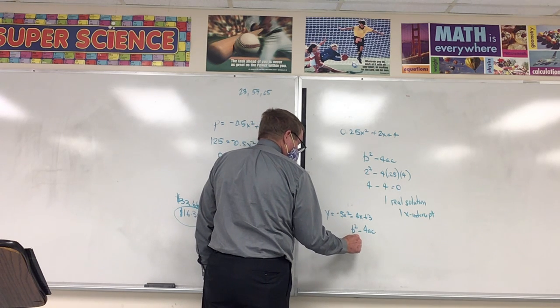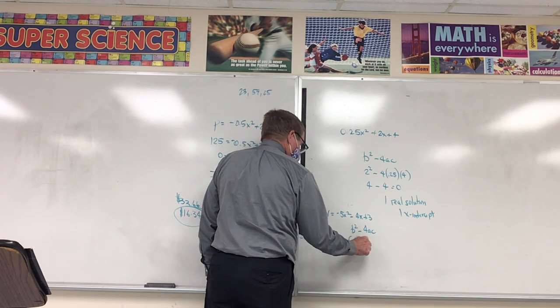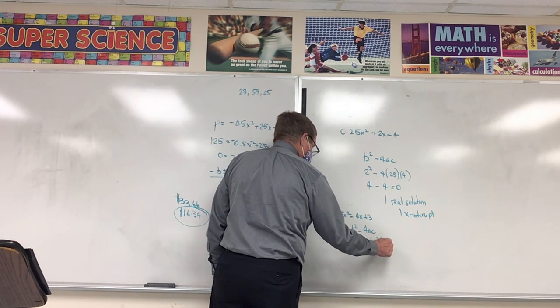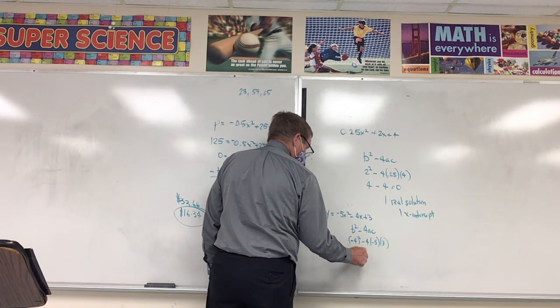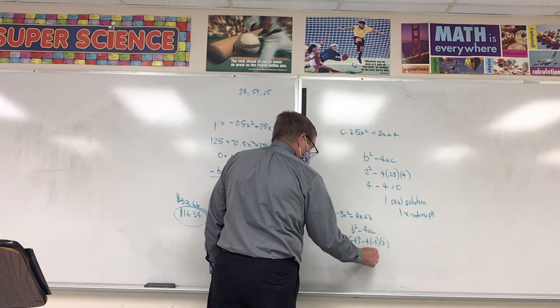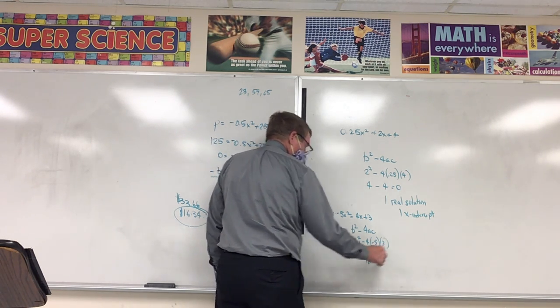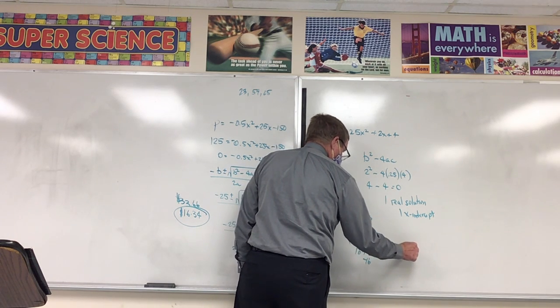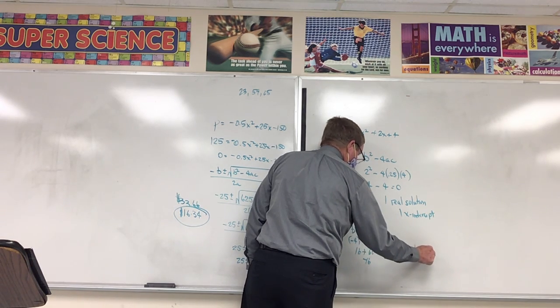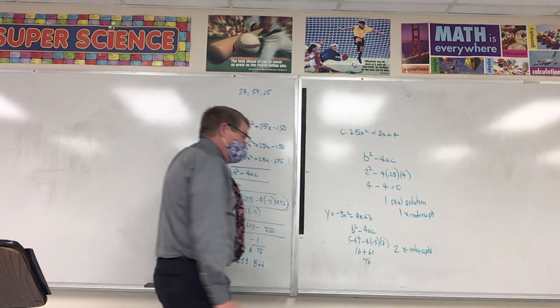My b is negative 4, so that's negative 4 squared minus 4 times my a, which is negative 5, and my c is 3. That's 16 plus 60, which is 76. So therefore, I have 2 x-intercepts.